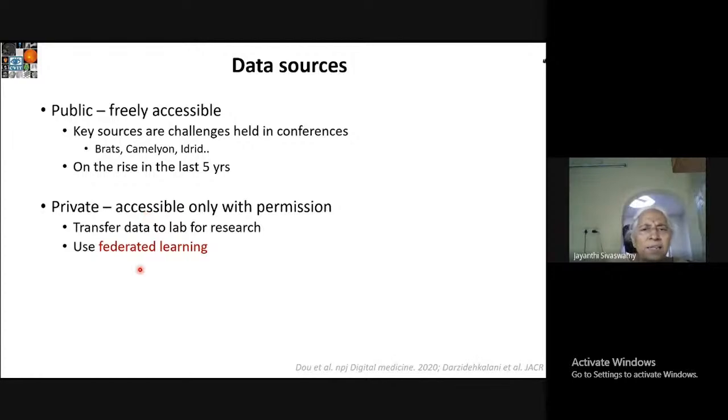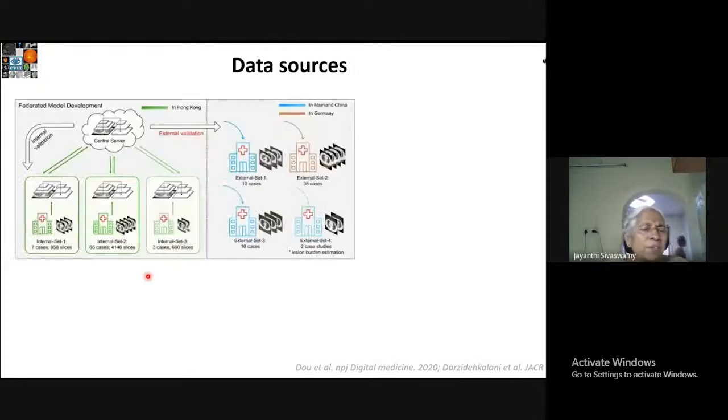So how does federated learning work? Well, there are many forms. I will show you two methods. So this is federated model development. This is published by a group in Hong Kong. So they basically developed a model which was sitting in a central server.